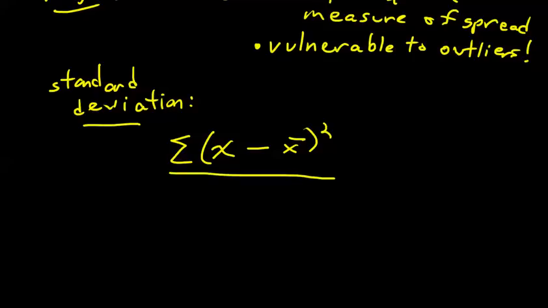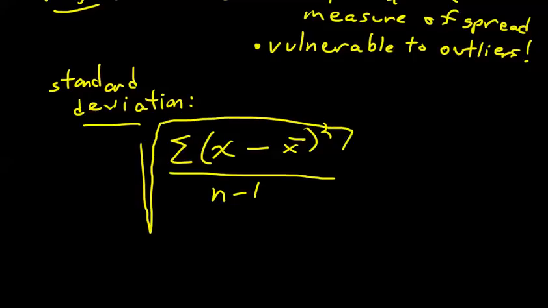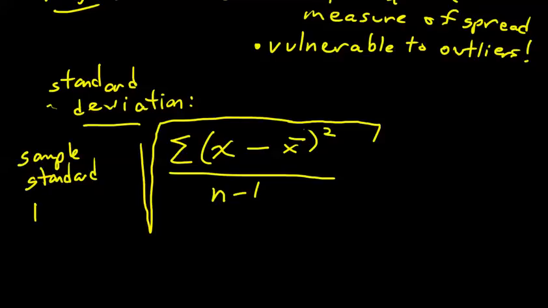Then, I divide by the sample size, take away 1, and then I take the square root of this entire mess. Whoops, I missed that. Let me try that again. Getting used to the eraser here. Very good. Getting better at that. All right, this is your sample standard deviation.